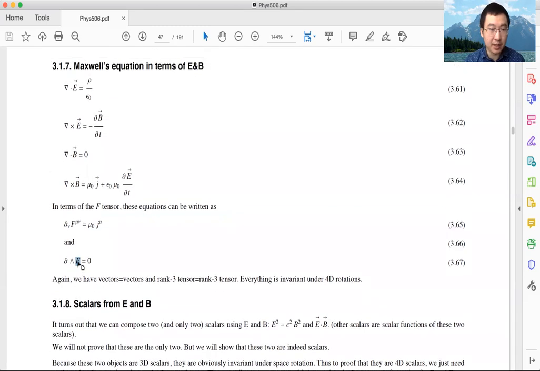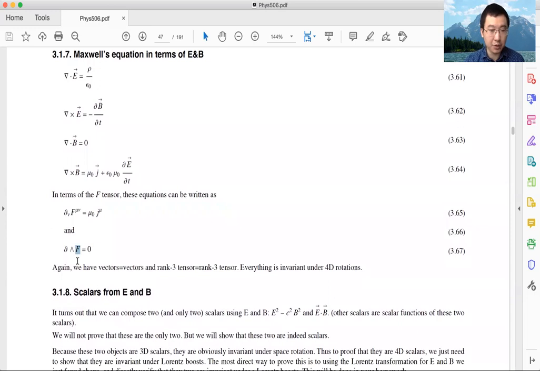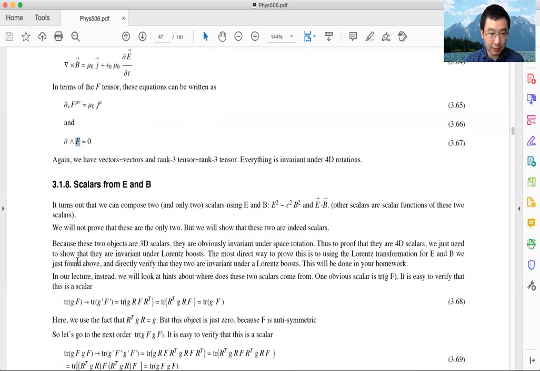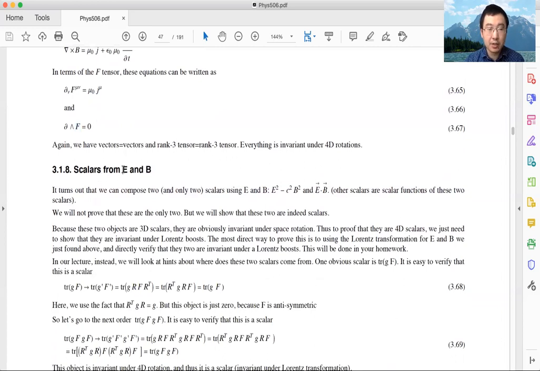Okay, so that's the E and B field and Maxwell's equations. There's one more topic we want to discuss about the E and B field. We know that E and B fields are part of a rank 2 tensor, but it turns out we can use the E and B fields to build some scalars. These scalars are very useful for various things, and we will see some examples in your homework this week.